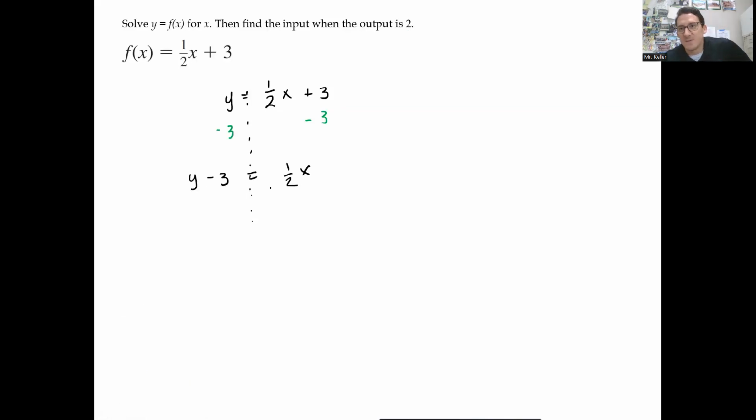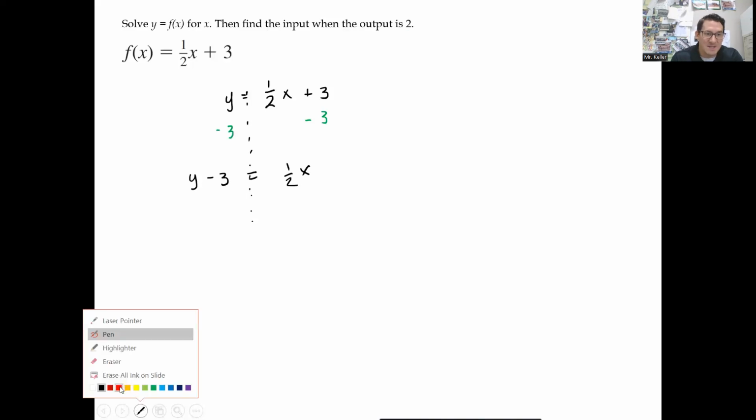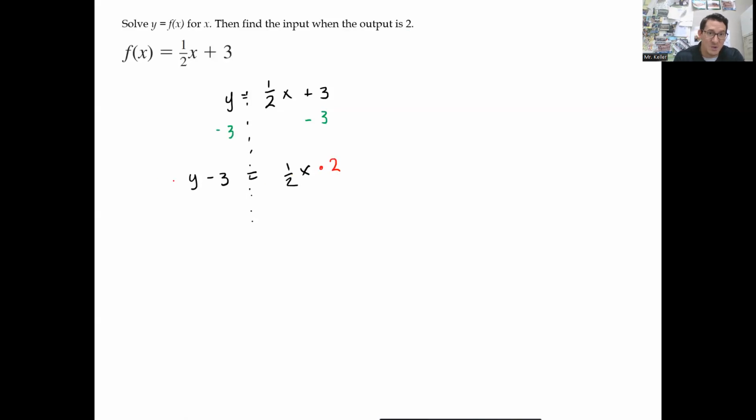Now the 1/2 x, this will trip kids up a little bit. You can divide by 1/2, but that's going to get confusing. We need to remember dividing by a fraction is the same thing as multiplying. So what I'm going to do is multiply both sides by 2. Multiply both sides by the denominator. What that does is that cancels out. 2 times 1/2 is just 1.